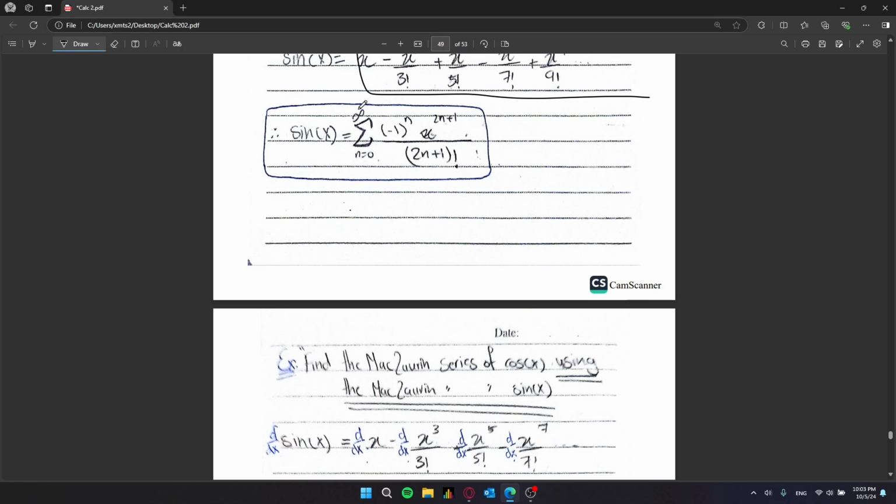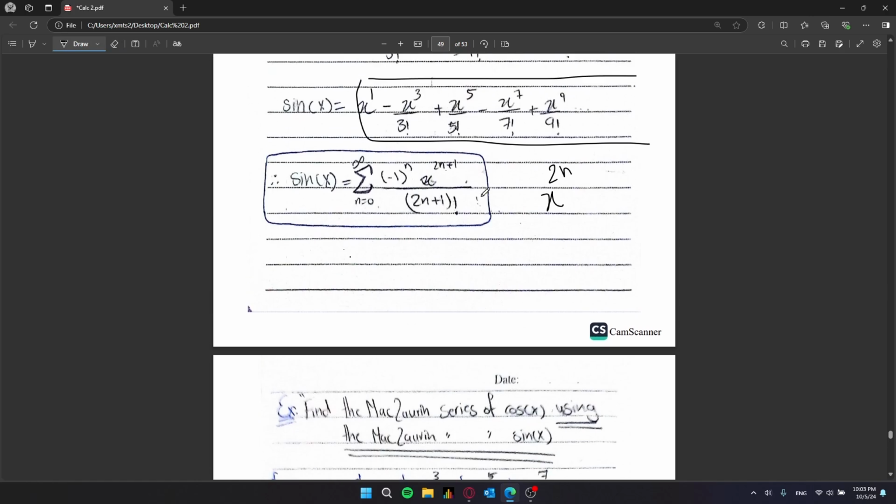If you differentiate this expression with respect to x, the 2n plus 1 differentiating just gives us x to the power of 2n. Is that not true? This is how you differentiate it, because it's x to the power of 2n plus 1, so you're just differentiating it normally. So you're left with this as your answer.